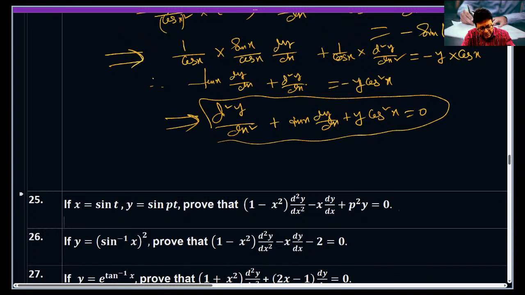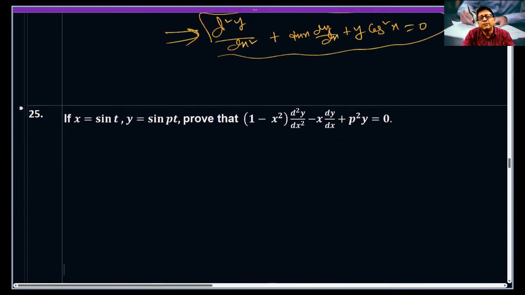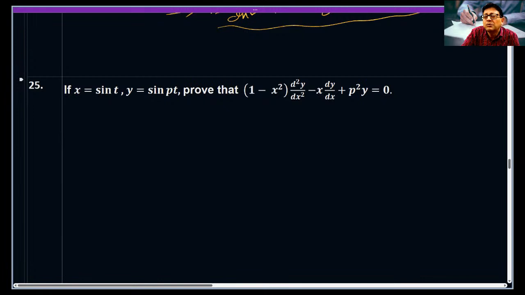Just let me complete a bit more difficult sum: how to manipulate in a second order derivative this kind of sum. The problem is x and y both are given in terms of another variable. That's why I am targeting this sum here. And in the proving term, you see there is nothing about t.